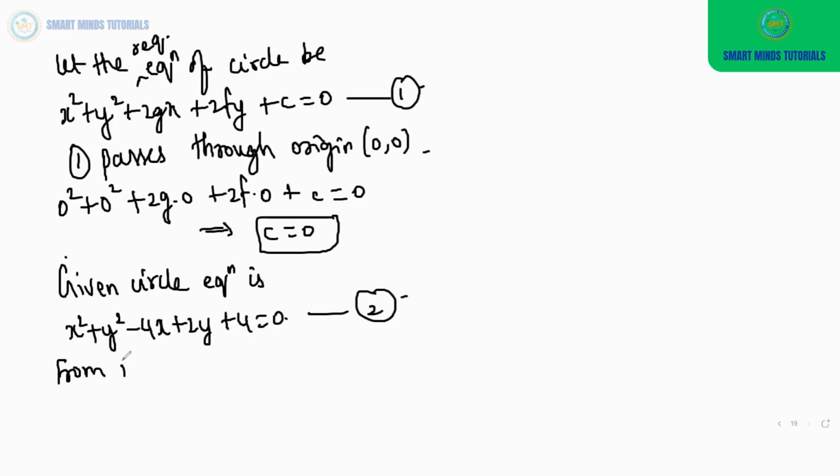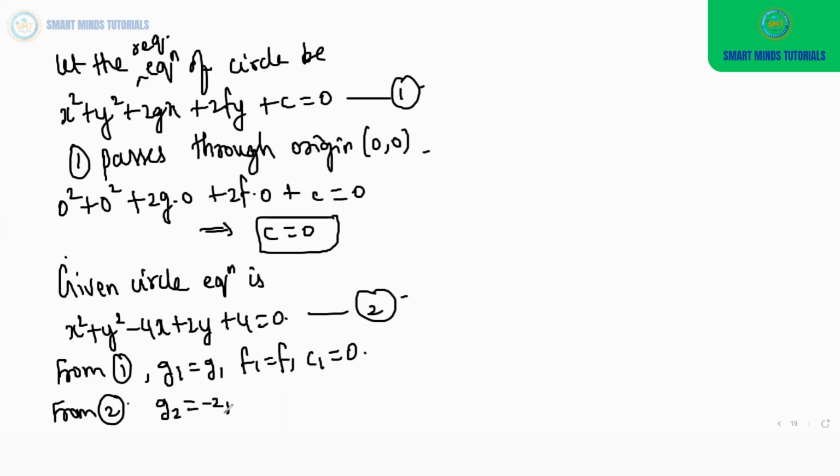So from first equation you get g1 is g, f1 is f, c1 is 0. And from second equation you get g2 is minus 2, f2 is 1, c2 is 4.